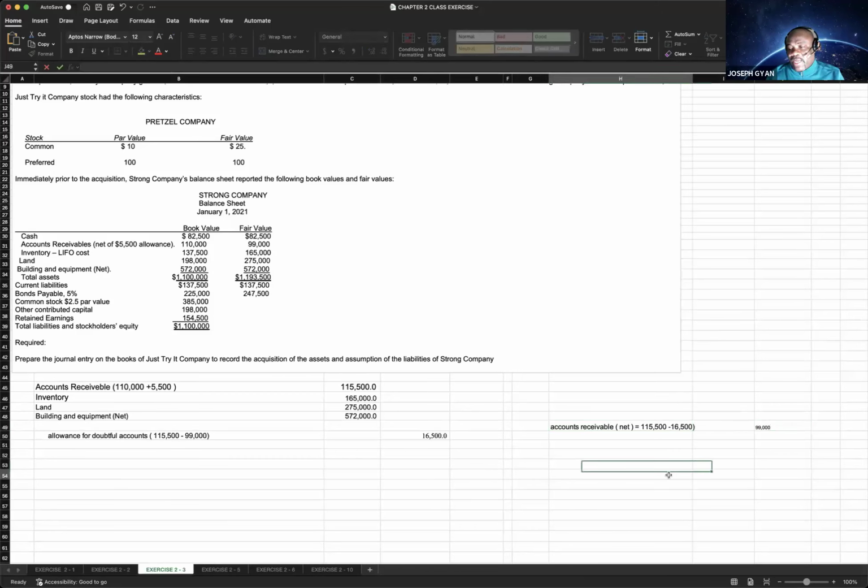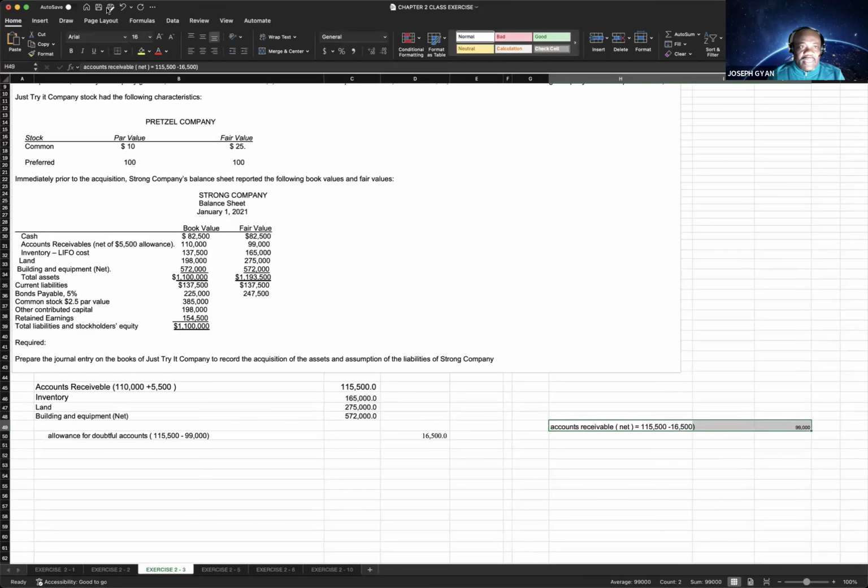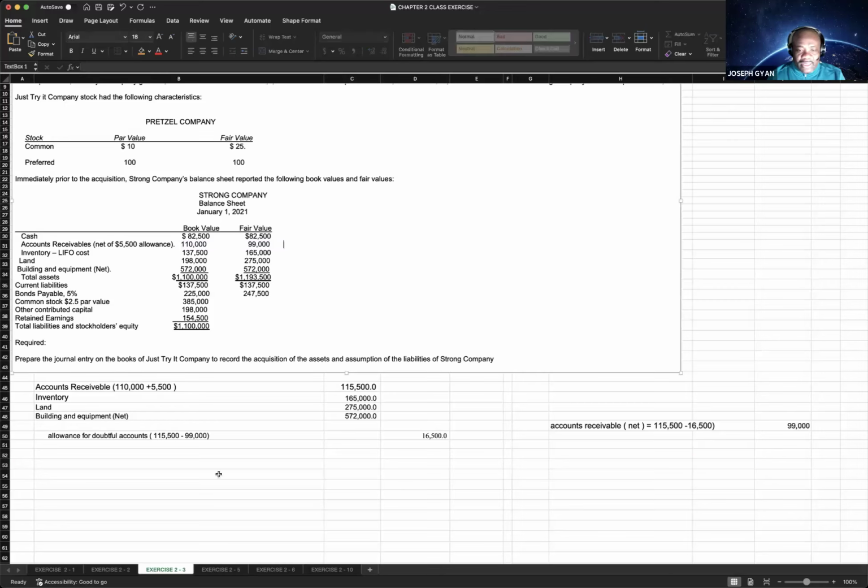It will be equal to the market value of 99,000. This is just to prove that we recorded account receivable net, which is the 99,000 here in the new balance sheet.